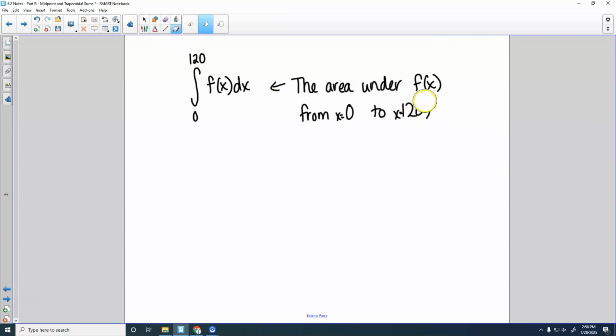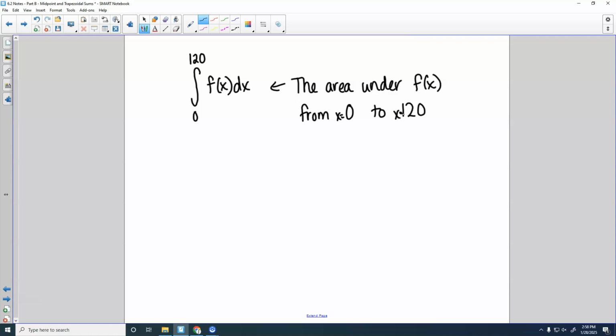So whenever they are giving you that symbol, it's our integral symbol, it means the area under the curve from 0 to 120. So it's asking you to estimate that using different types of left, right, midpoint, and trapezoidal sums.